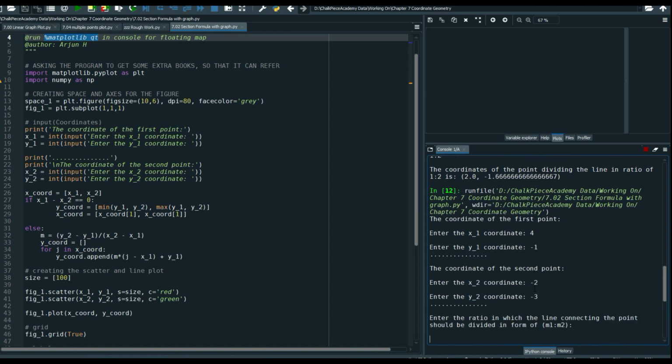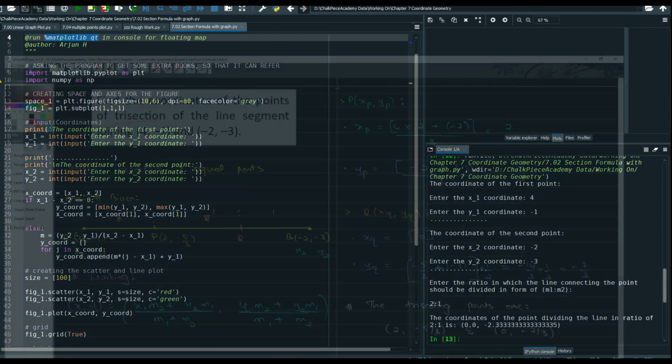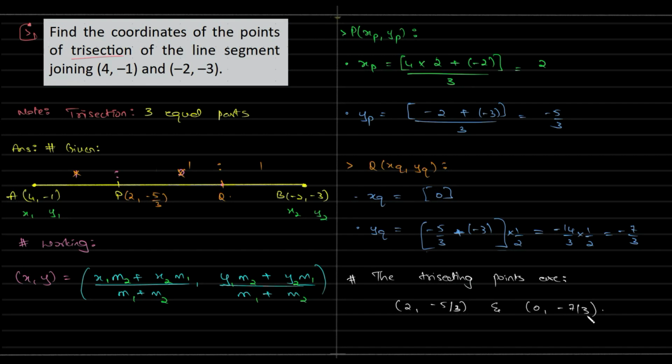The ratio is 2:1. Enter the ratios, right? So we have 0 and -2.33. -2.33 is correct, yes, we have the right answer.